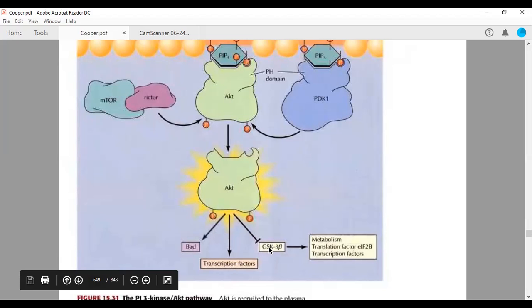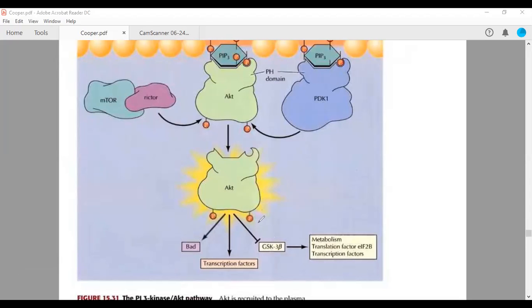So it will inhibit GSK3 beta, and it will also inhibit one of the proteins that is called FOXO. So you can add one more thing here, that it is inhibiting GSK3 beta. It will also inhibit one important protein that is called FOXO.